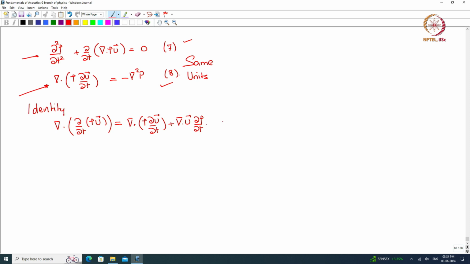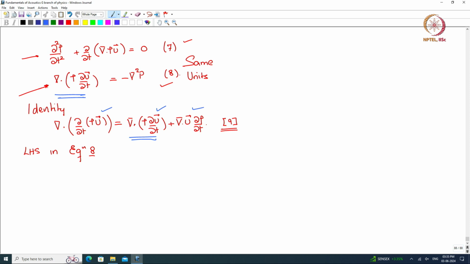Okay, let us call it 9. Now the LHS in equation 8, which is this term here, is this term here in equation 9. So we will replace this with this minus this. Okay, so let us do that.